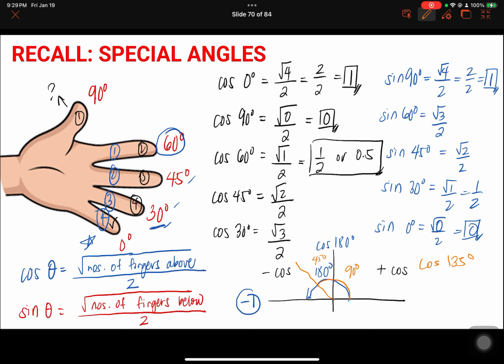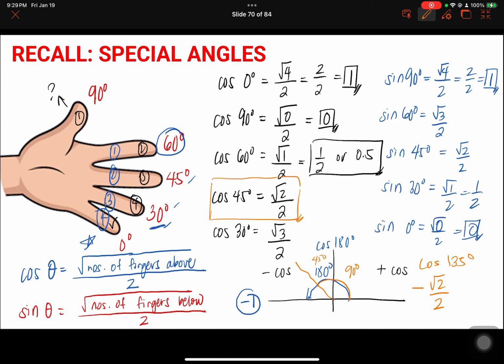Diba, using the coterminal, 45 degrees ang katumbas nun. Ano kaya magiging value nila? So, kung positive 45 degrees, ito yung sagot natin. Kapag nasa negative side lang naman, magiging negative square root of 2 over 2. Okay? So, those concepts can be useful for our solving for the exact value of our limits.